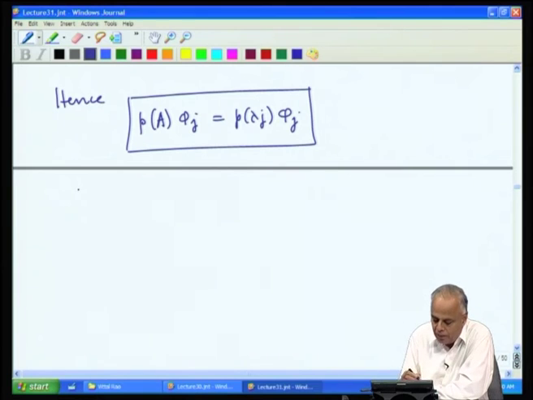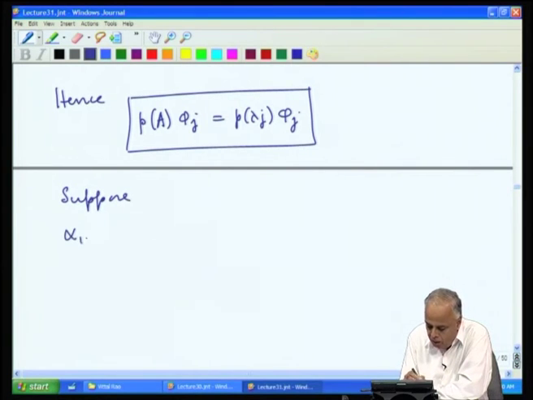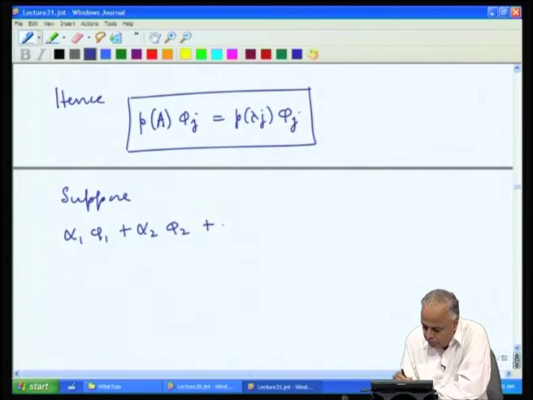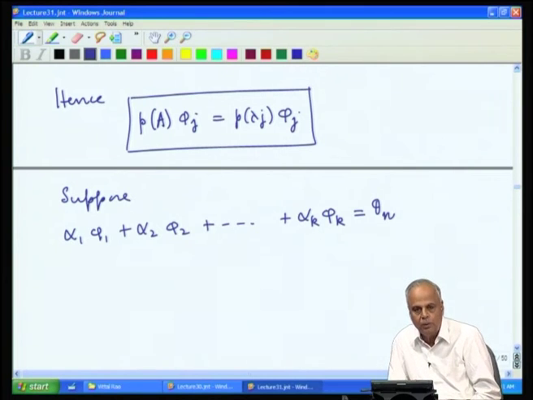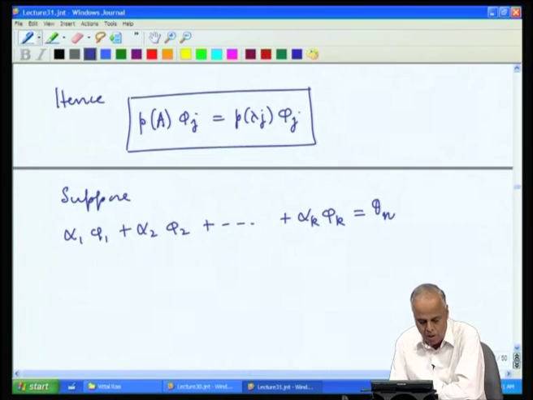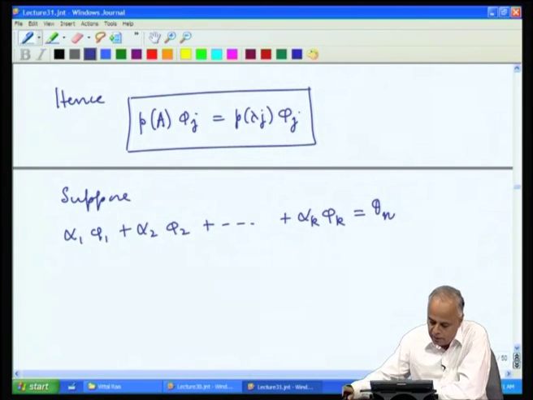So, we start with a linear combination. Suppose alpha 1 phi 1 plus alpha 2 phi 2 plus alpha k phi k is equal to theta m. We want to show that alpha 1 must be 0, alpha 2 must be 0, alpha k must be 0. That will establish linear independence.